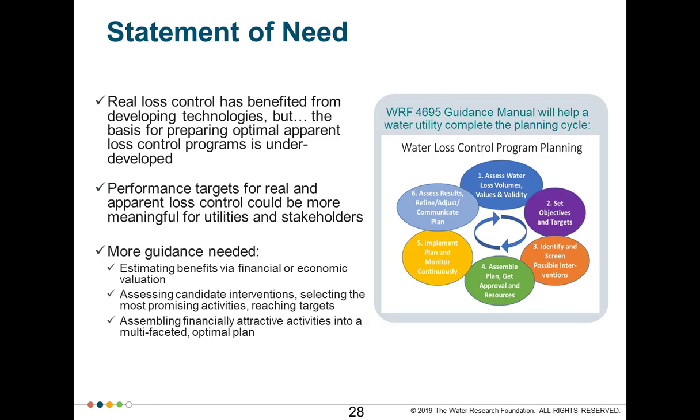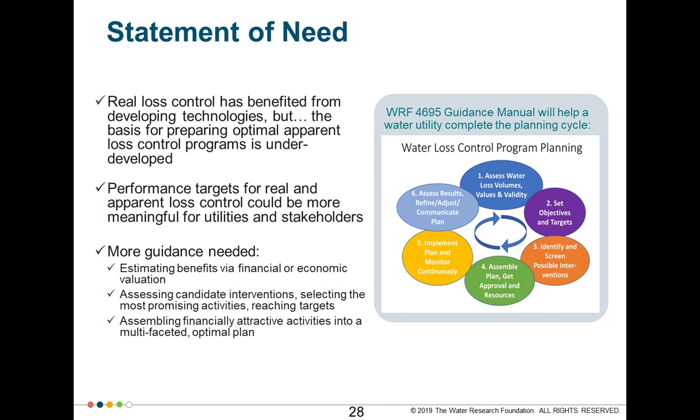While the sequence of steps in the planning cycle for a water loss control program shown here resembles the familiar plan, do, check approach, this guidance manual addresses specific needs identified by the project team, with concurrence by the project advisory committee.